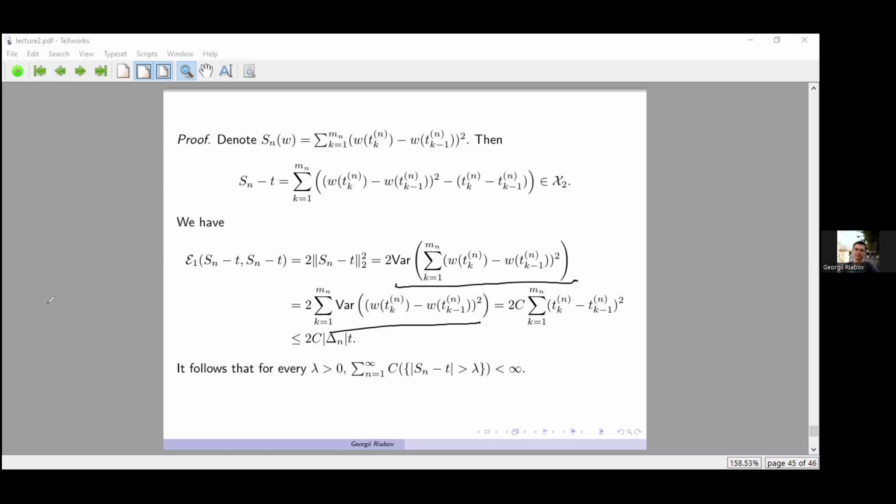One more property is that the increment of the Brownian motion in distribution is the root of the length of the interval where we take increments times the standard normal variable.